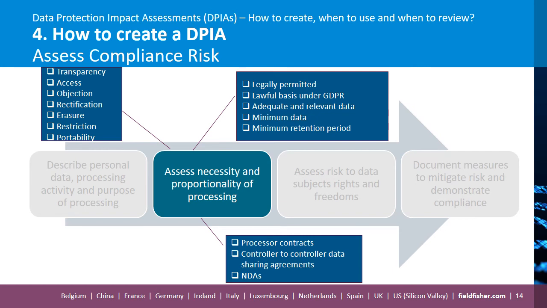Is the data in scope adequate and relevant? In other words, proportional to the actual purposes? For how long will data be retained? Is it longer than necessary? Do we provide individuals with the opportunity to exercise their rights under the GDPR? How about our contract terms? Are the roles and responsibilities of the parties involved in the processing clearly identified?